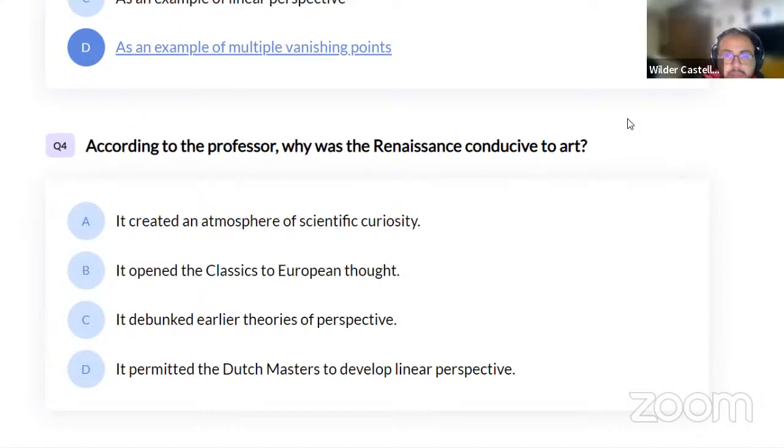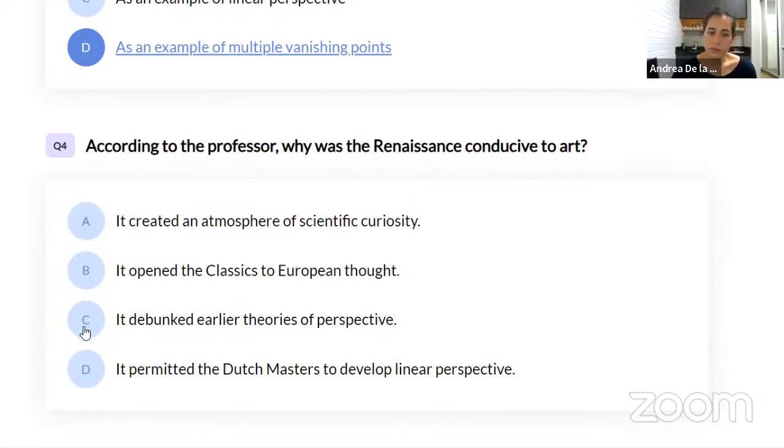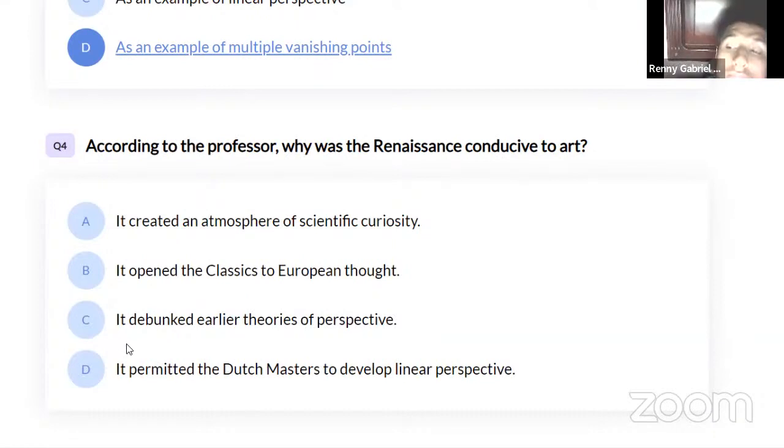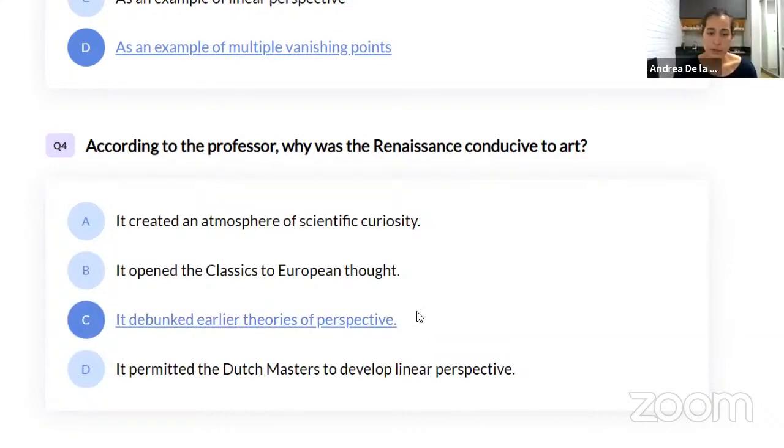C. Okay, do you guys agree? Yes. Okay, let's go for C. I agree with you. I think it will be C.